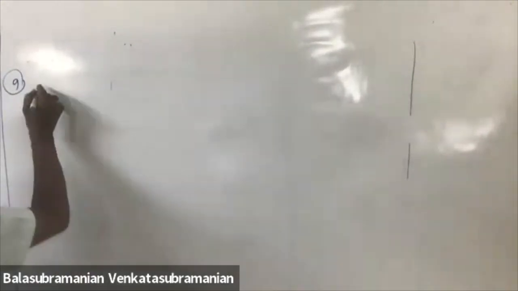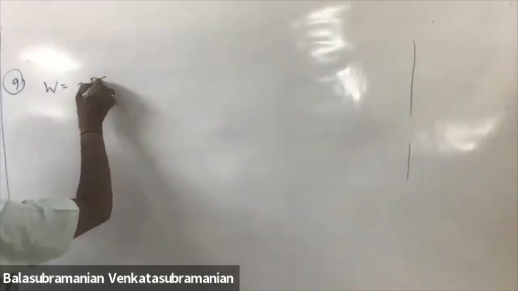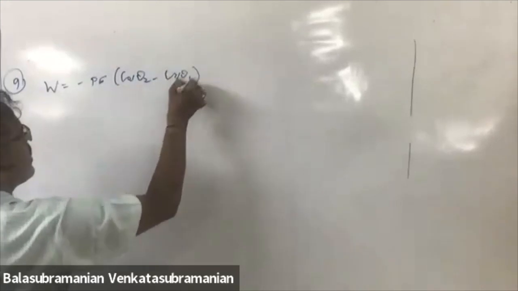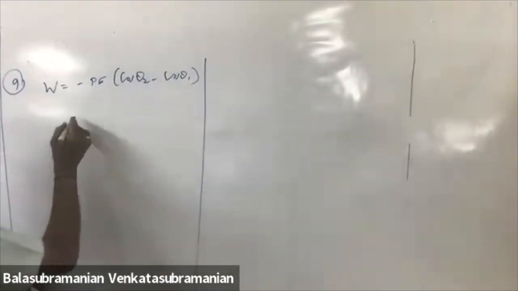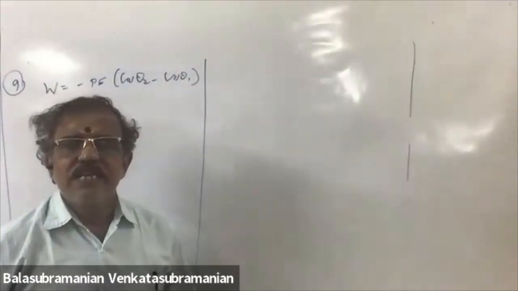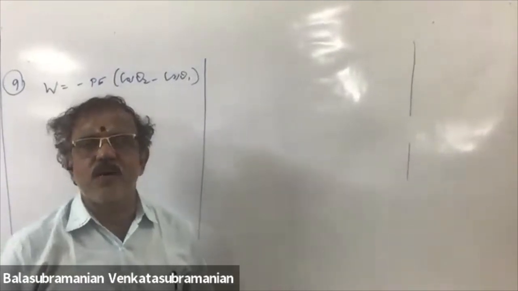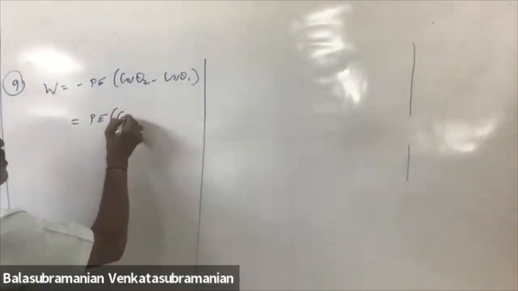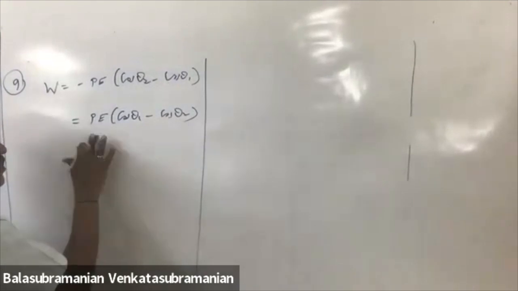Basic formula for work done of a dipole is minus P cos theta 2 minus cos theta 1. That is minus pE cos theta, actual formula. Theta 1 to theta 2, so upper limit theta 2, lower limit theta 1. So I can write pE into cos theta 1 minus cos theta 2.